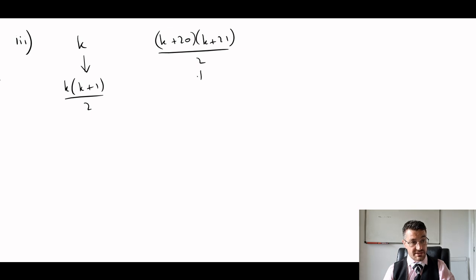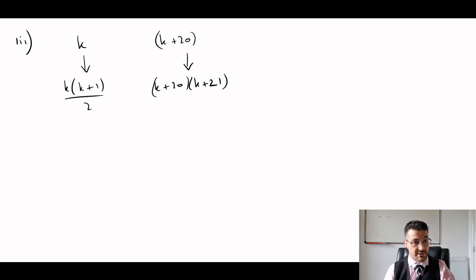I got a bit ahead of myself, haven't I? The k plus 20th sweet is equal to k plus 20, k plus 21 over 2.